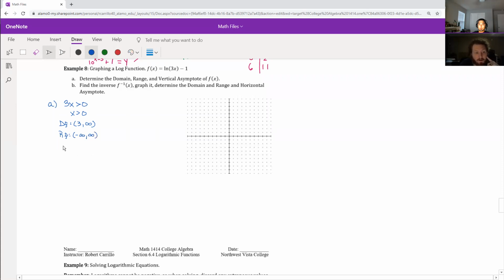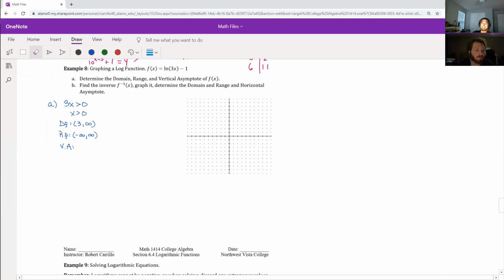And then my vertical asymptote, well, this has a -1, right? So we're going to take everything on this graph and shift it down by 1. So my vertical asymptote will be at x is equal to negative, not x. No. I think you confused with horizontal. Yeah. Because remember, if it's vertical, the shift wouldn't matter.